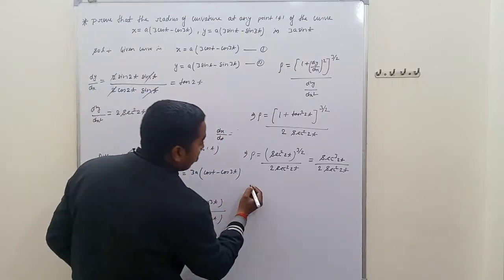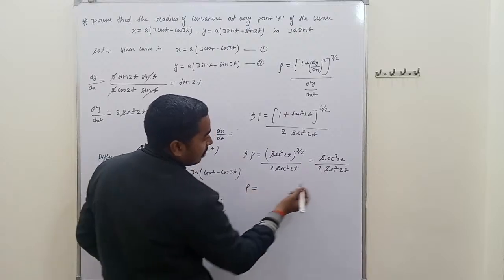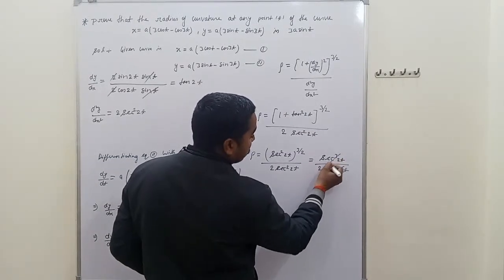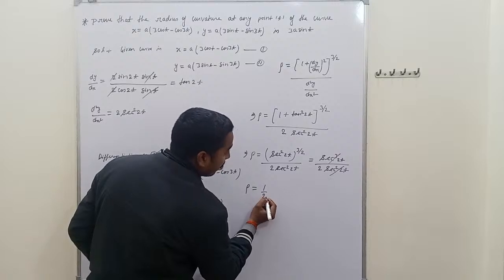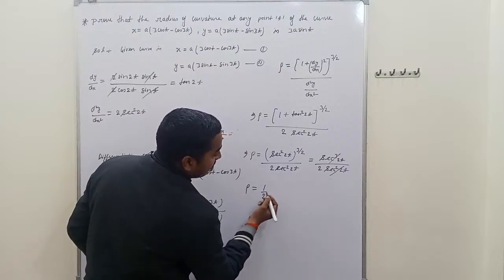Sec square 2t to sec cube gives sec 2t, so the radius of curvature is sec 2t.